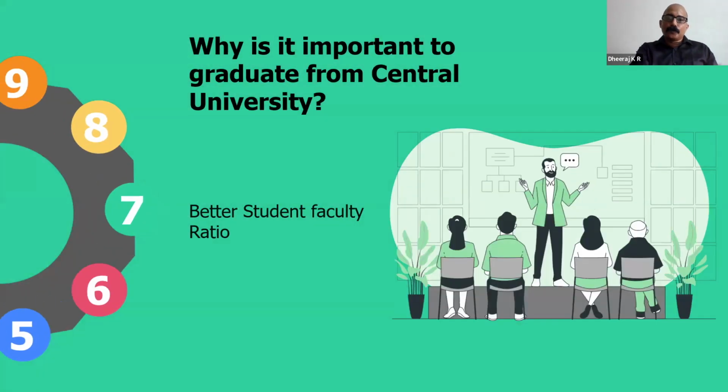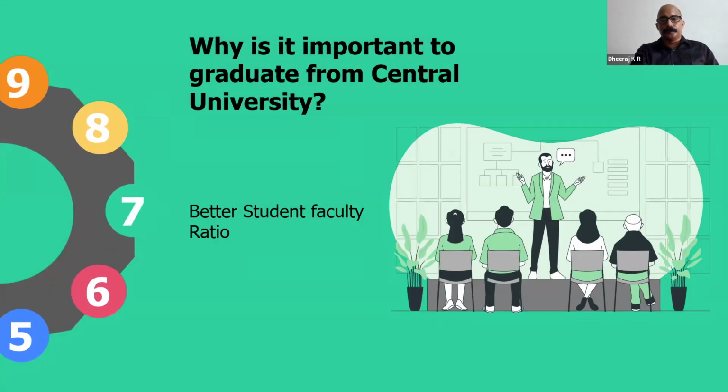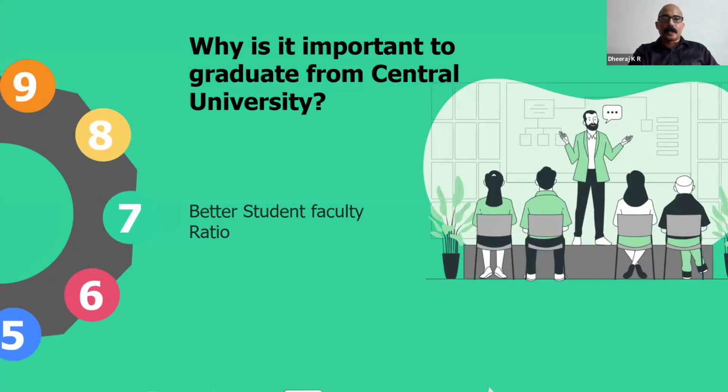And if you see the student faculty ratio, compared to 60 students sitting in a class in a state-owned university, in central universities you can see very few students per faculty. If you take Central University of Hyderabad, they have a student ratio of 1:11, one faculty for 11 students. So that is the main highlight about the student faculty ratio.